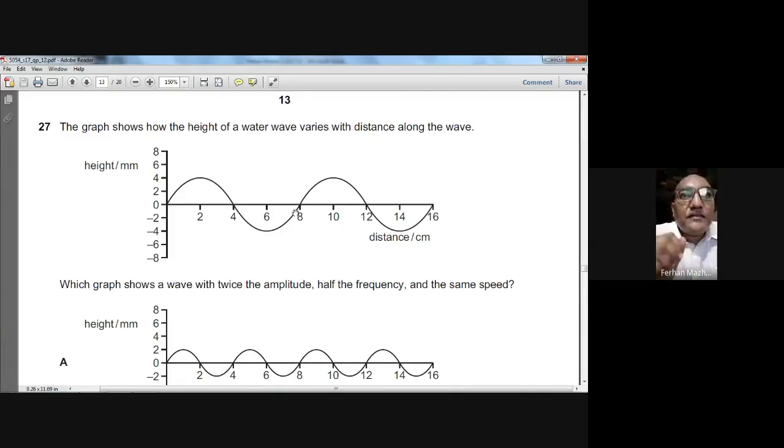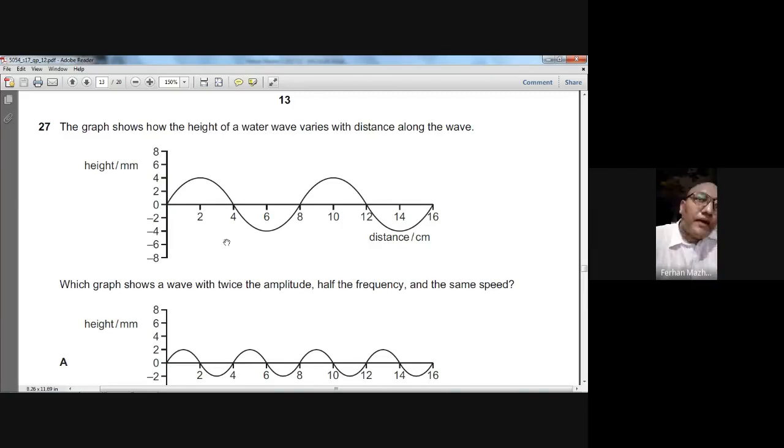If the speed is the same and you decrease the frequency, the wavelength will increase. So if you have the same speed and half the frequency, then the wavelength has to be double. So if this wave is completed in 8, in the right graph one wave will be completed in 16 centimeters.